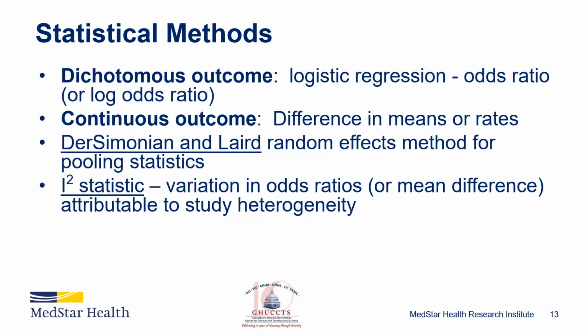And the I-squared is presented as a percentage. It can range from 0 to 100%. The larger the I-squared statistic, the more heterogeneity. And what that tells us is whether the combination of studies that we have in our meta-analysis is valid to put those studies together in a meta-analysis.